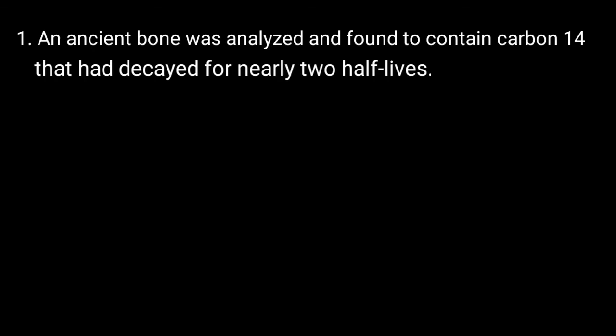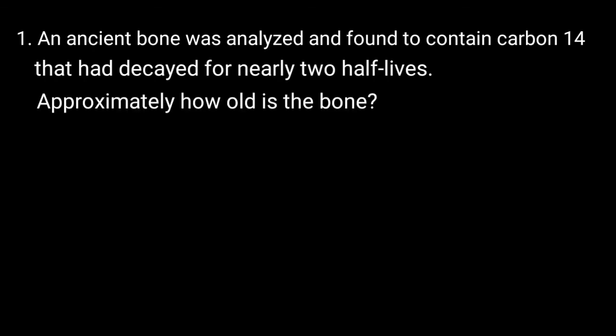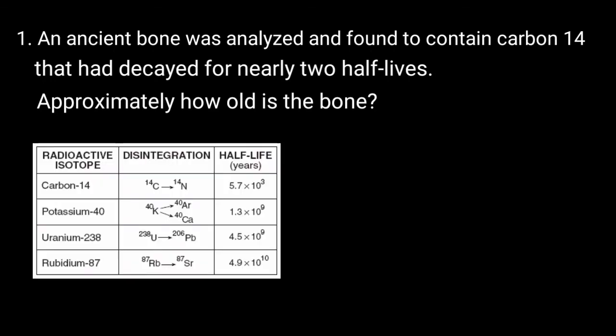Let's look at some practice questions. Question number 1. An ancient bone was analyzed and found to contain carbon-14 that had decayed for nearly 2 half-lives. Approximately, how old is the bone? Well, we know that one half-life of carbon-14 is 5,700 years.